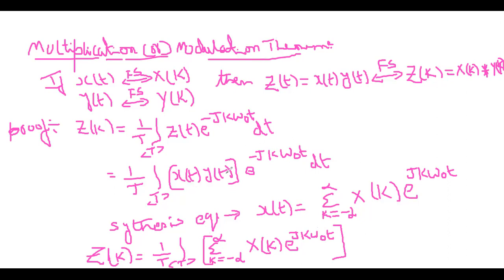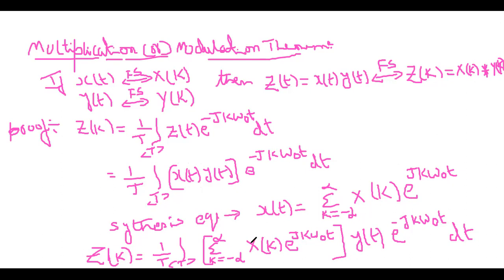And y of t, write directly as y of t, e power minus jk omega naught t dt. What I did here is replace the x of t by the synthesis equation of the exponential Fourier series. What is that equation? x of t is equal to the sum of k equal to minus infinity to infinity, x of k e power jk omega naught t.